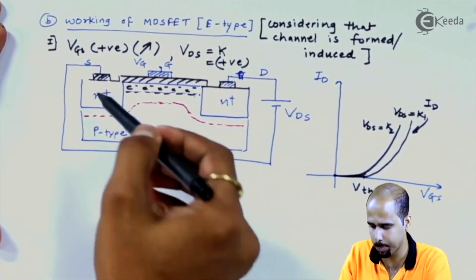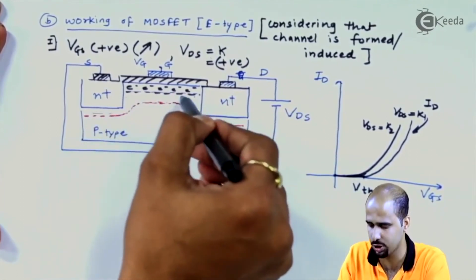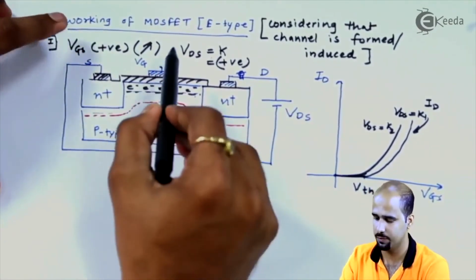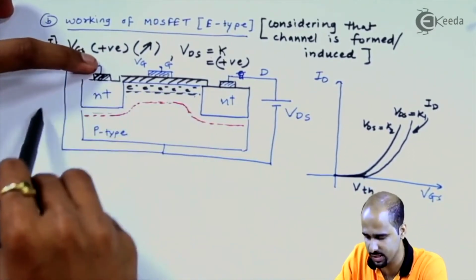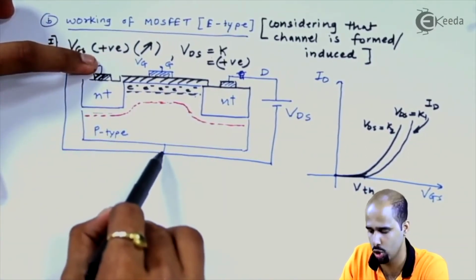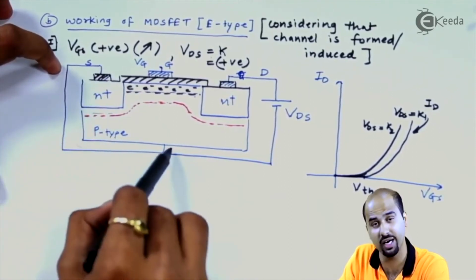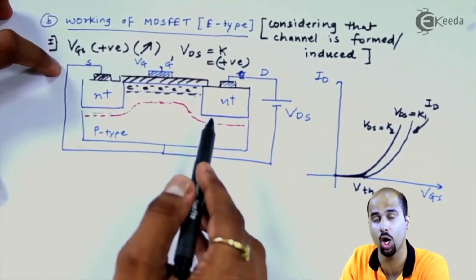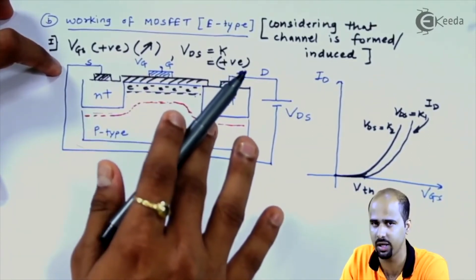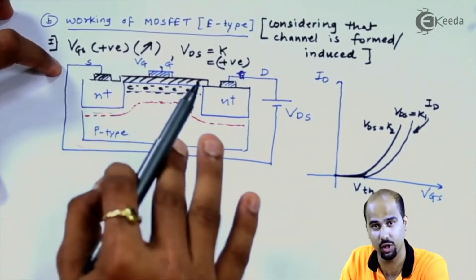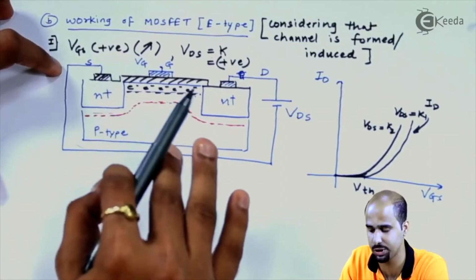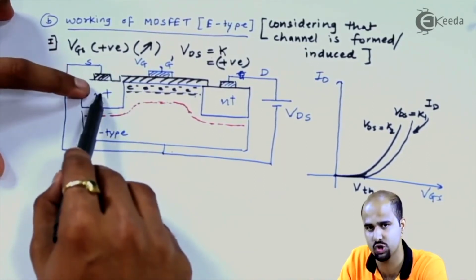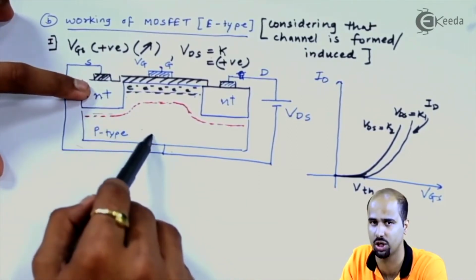Fine. What happens in this particular region of depletion layer? Understand the fact that Vg is positive, Vs is 0, so there is neither attraction nor repulsion when I'm considering this source and substrate junction.